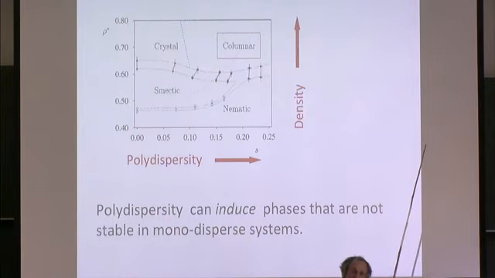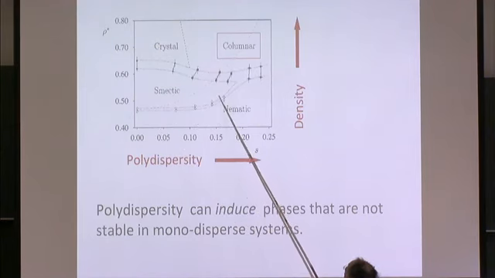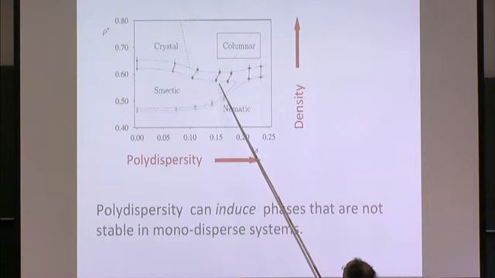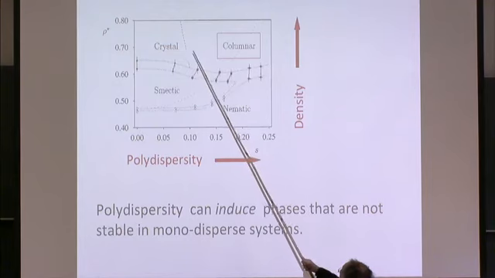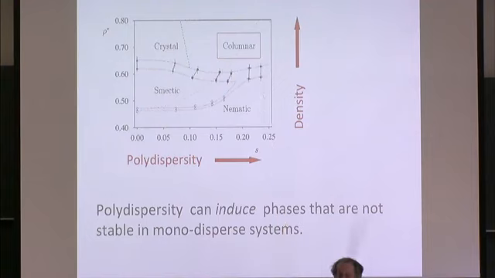Nematic, smectic, crystal. But as you make the particles more polydisperse, so the length variation is larger, then at some point the smectic regime shrinks, and at the same time, at very high density, the crystal is also destabilized by the polydispersity, and at some point you go directly from the nematic phase to the columnar phase.